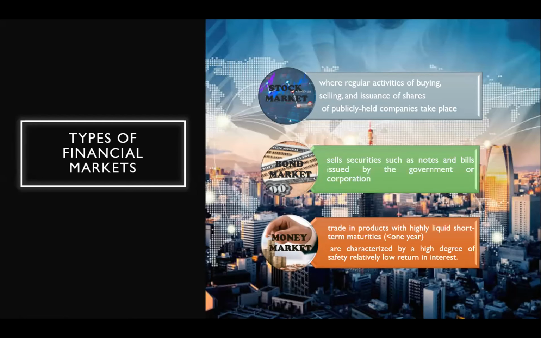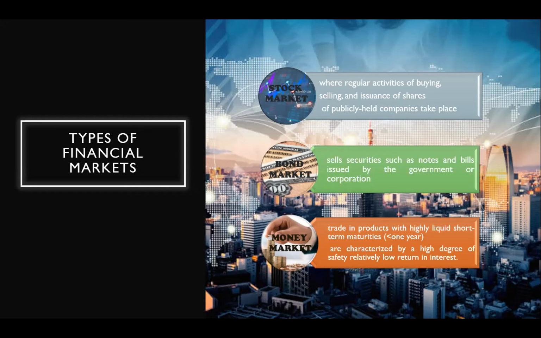So, a stock market is a place where investors go to trade equity securities like common stocks. Next, we have a bond market. A bond is a loan to a company or government that pays back a fixed rate of return. So basically, a bond market is the arena in which investments in loans are bought and sold.